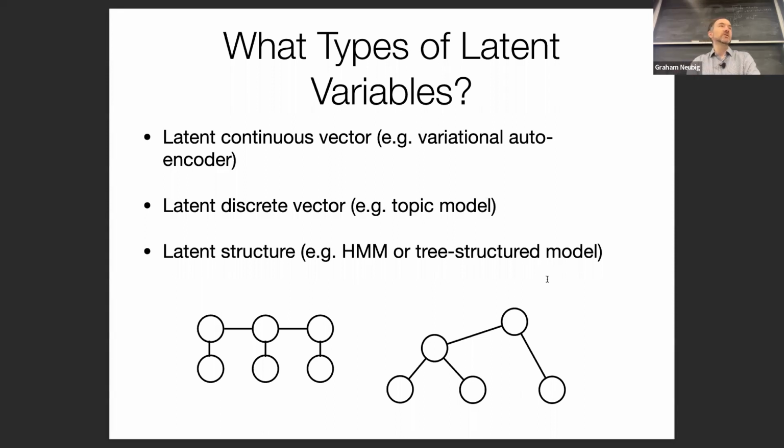And then there's also latent structured variables. These can be latent sequences, like a tag over each token in the input, or latent tree structures or something like this. I'll talk about each of these in turn.